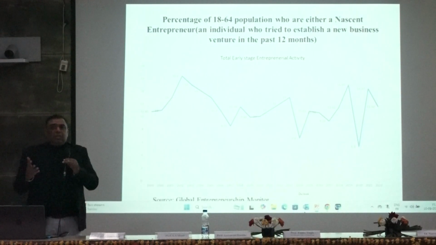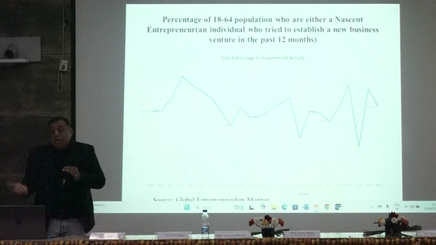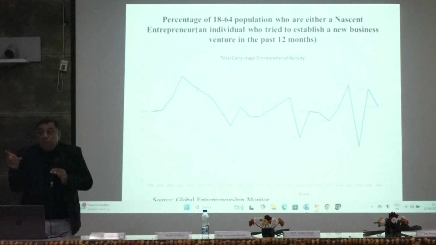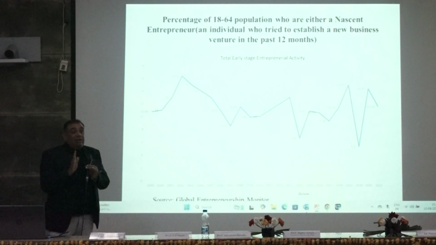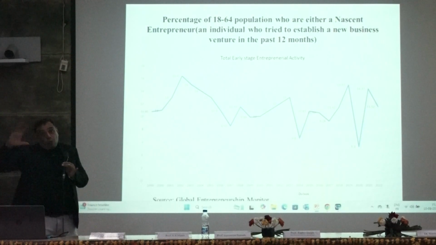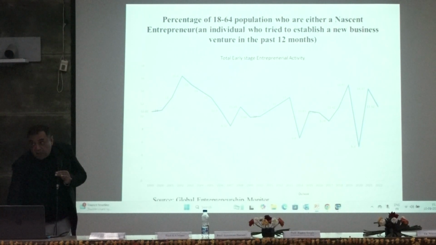You can visit that site, download the data and compare India with other countries. Then you will realize that the input factors for total factor productivity include entrepreneurship also, not only land, labor and capital. Technology is there, entrepreneurship is there, and all the input factors combined increase total factor output.